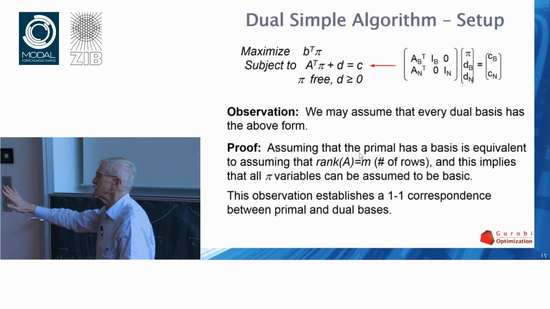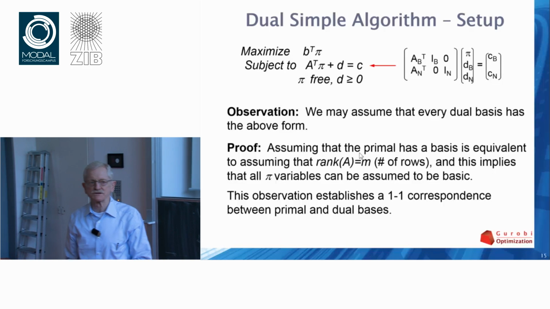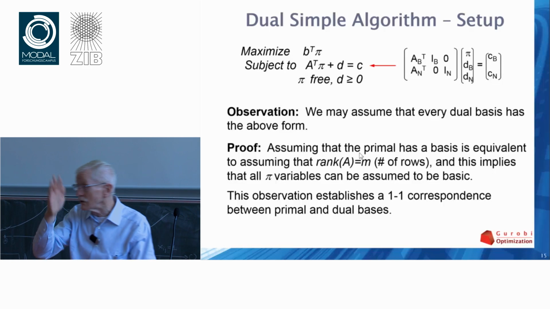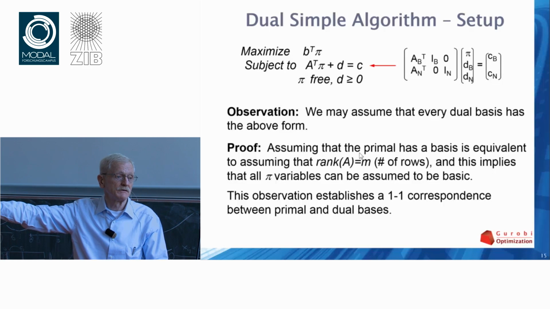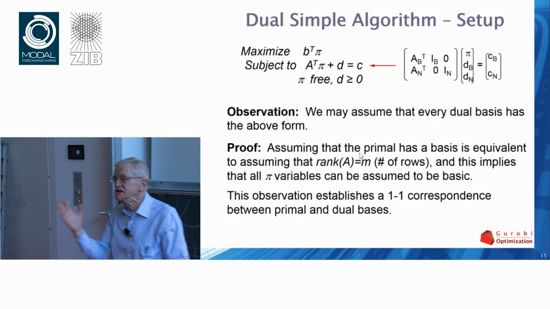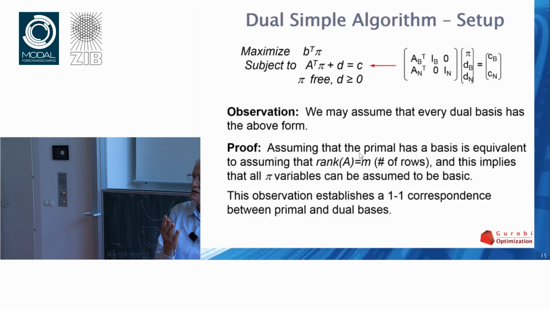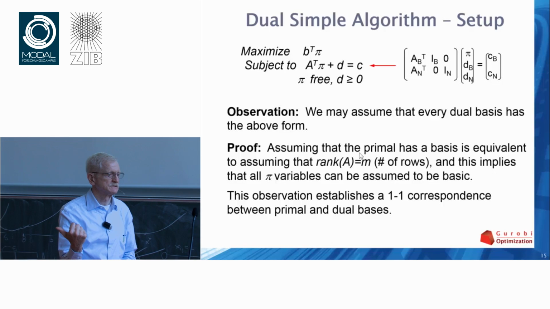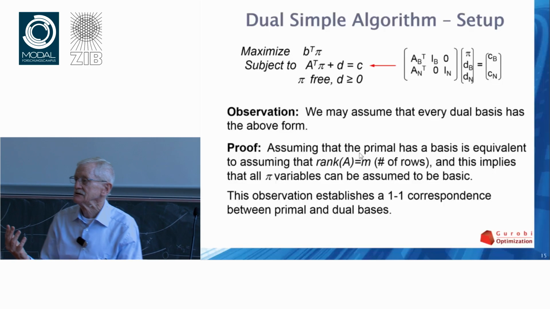Do that for every pi variable that's not in the basis. In the end, you will get a basis that includes all the pi variables and other stuff. Now, if you apply the simplex algorithm to that, the pi variables are never going to leave the basis, because the only way a variable can leave the basis is if it hits a bound. They don't have any bounds.